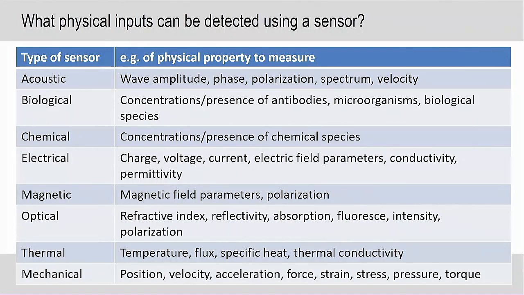So the reason I brought this up and the reason I wanted you all to start thinking about this is because your project should be started by now. And you need to look at a clinical problem. Now, within that clinical problem, you're going to have to come up with a few physical inputs to measure the clinical problem, whether it's a displacement of a device or something like this.